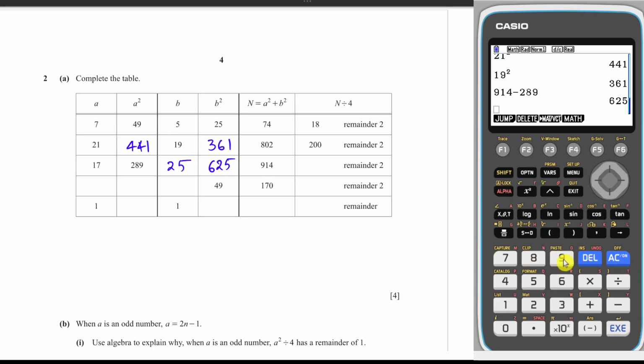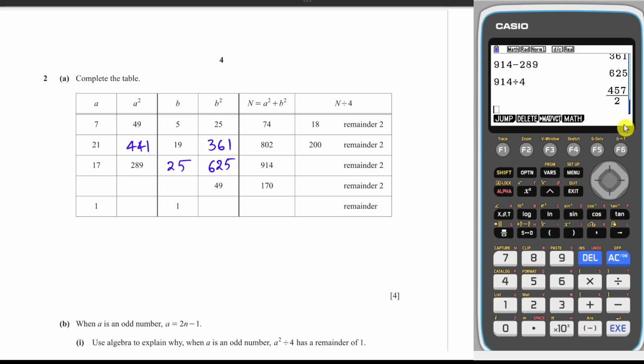Let's see. 914 divided by 4 is 228.5, or I can just say half of 914 is 457. So the remainder here also will be 2. If I divide by 4, the remainder will be 2 over here.